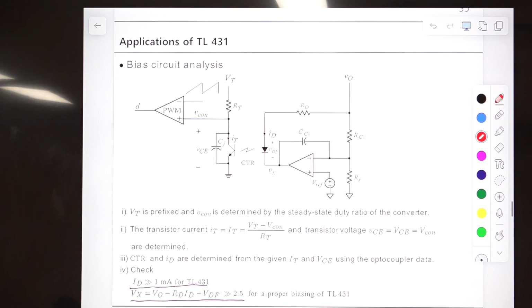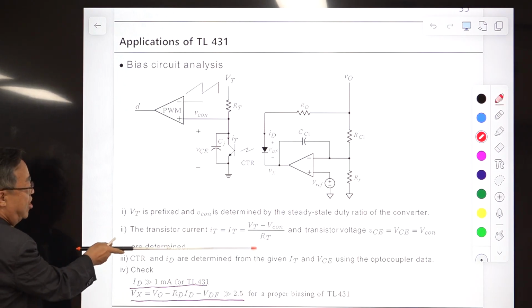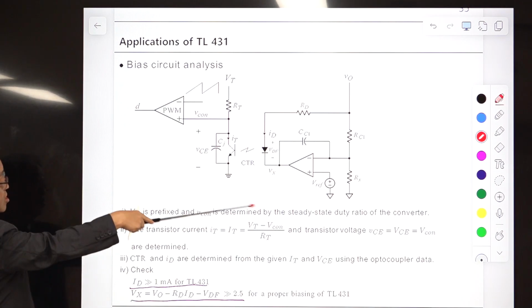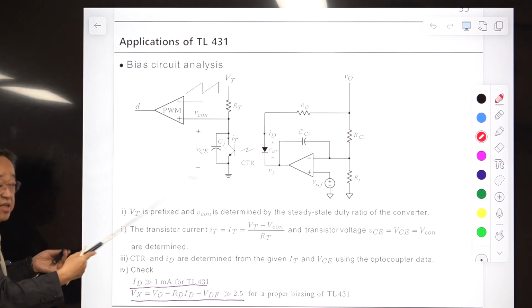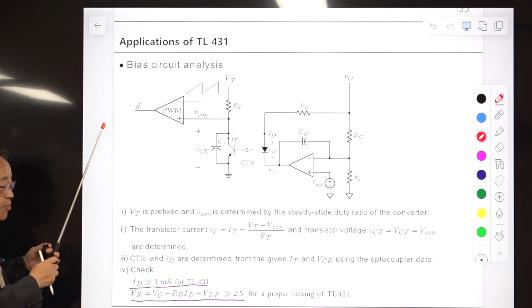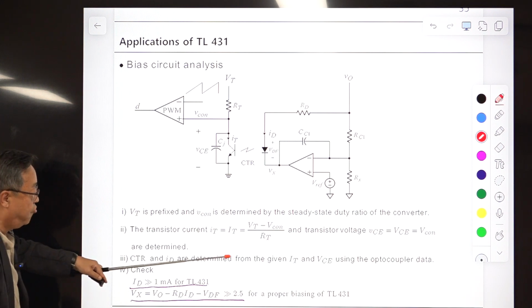This one is the same thing. I summarized, for the discussions we went through, VT. This voltage is VT, prefixed, and this control voltage is prefixed. Then this IT is fixed. Then due to the vendor-supplied curve, you find out the operating point, and ID is fixed.